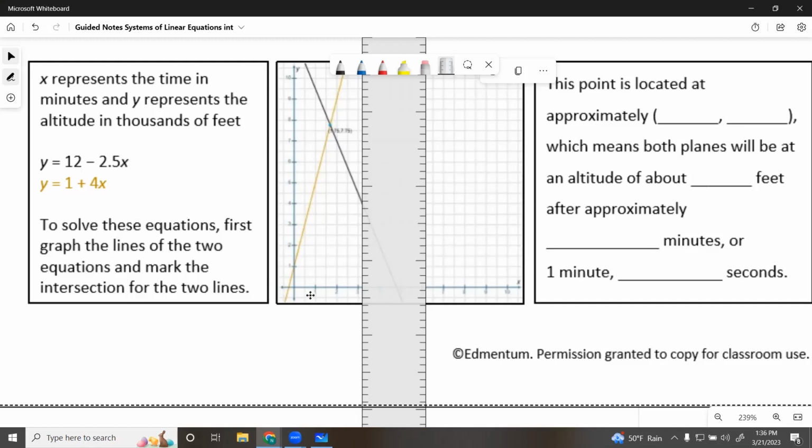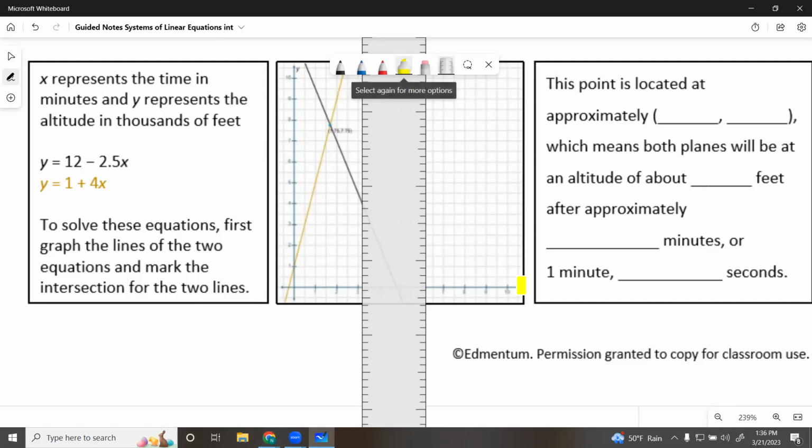So the X is down here on the bottom. This is the x-axis, and it is time in minutes. Next to the x, it says 10, 9, 8, 7, 6 under here. So then it goes 1, 2. Okay, so this is a 2 right here.